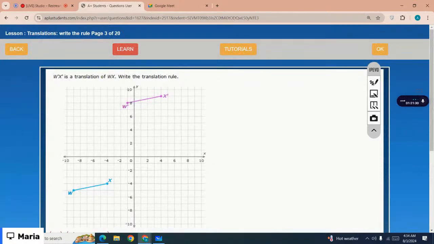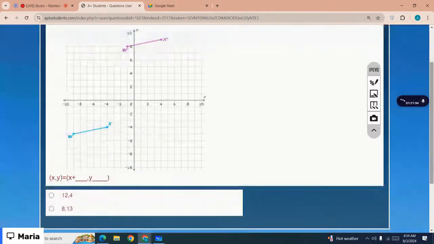Okay, W dash X dash is a translation of WX. Write the translation.